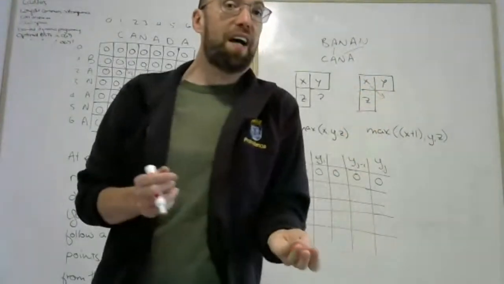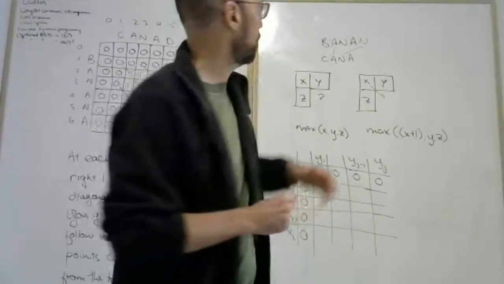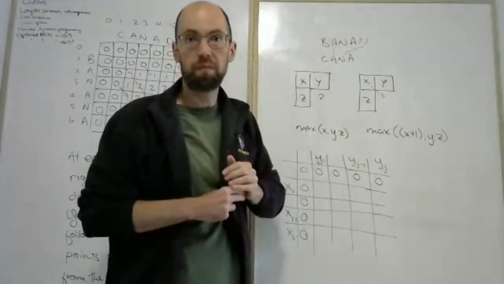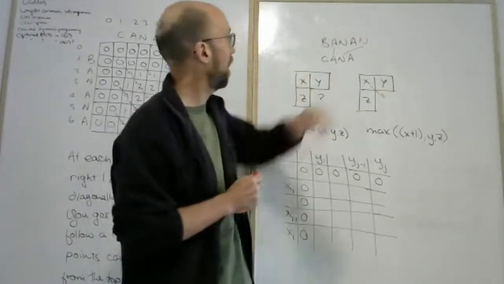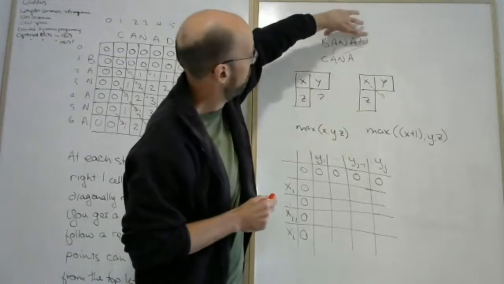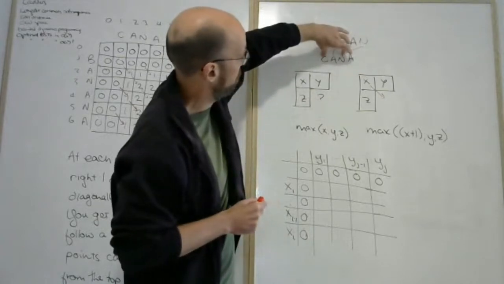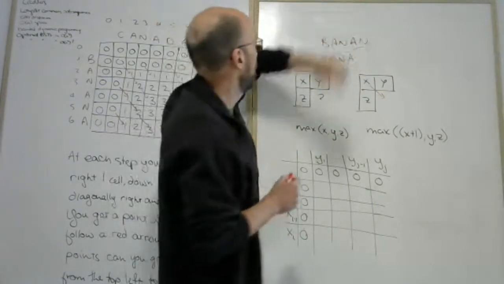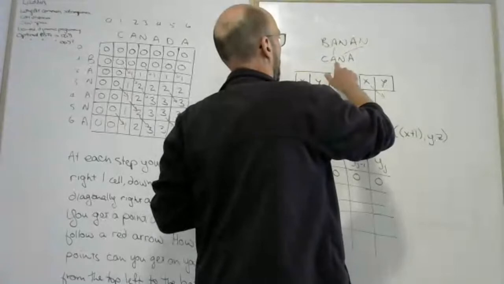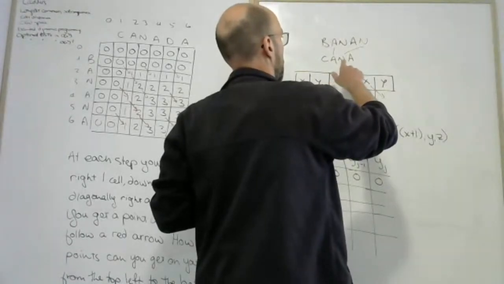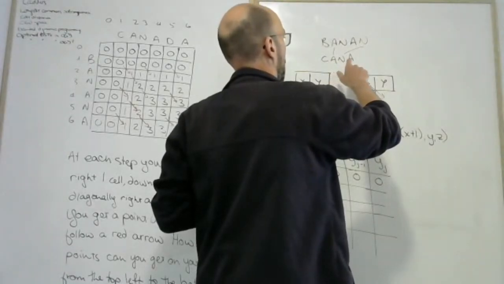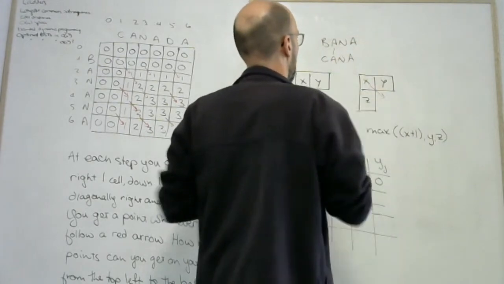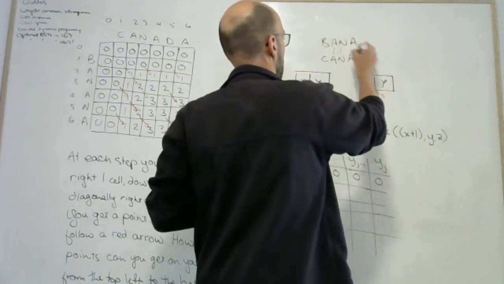Or if they don't match, then I can just take whatever subsequence existed and I don't choose them. Or I can take the subsequence in this that matches to some earlier part and I can throw this character away. Or what I can do is match these two.